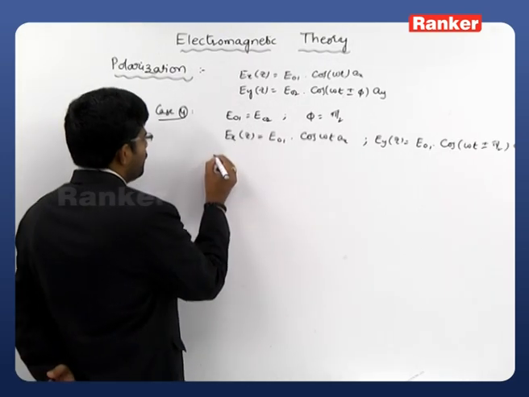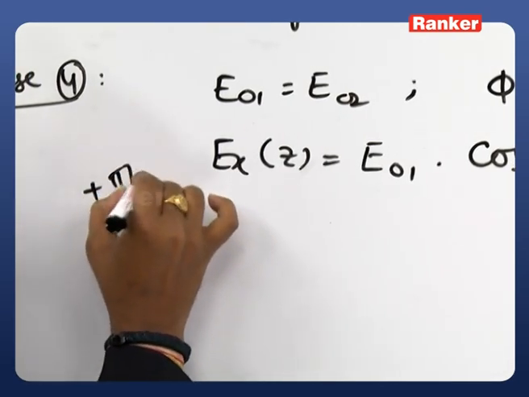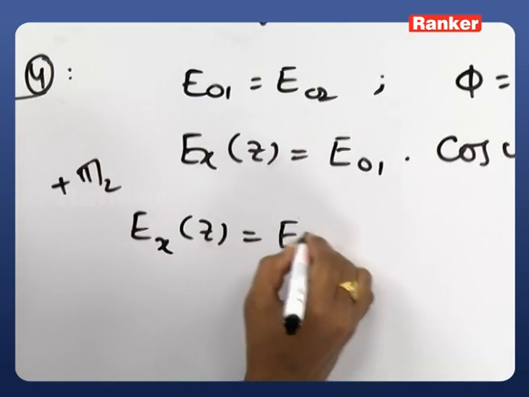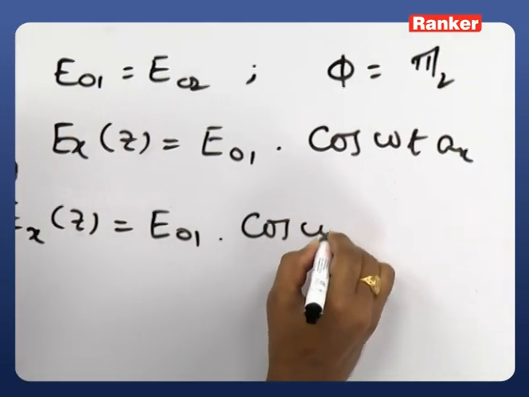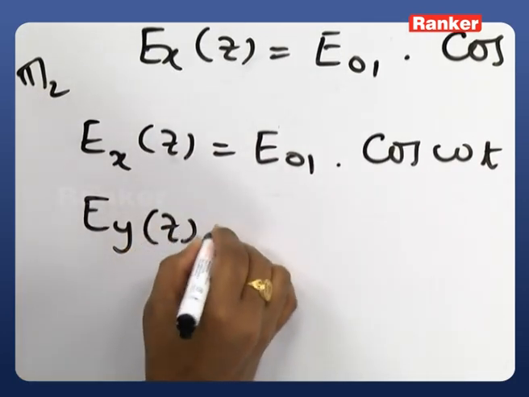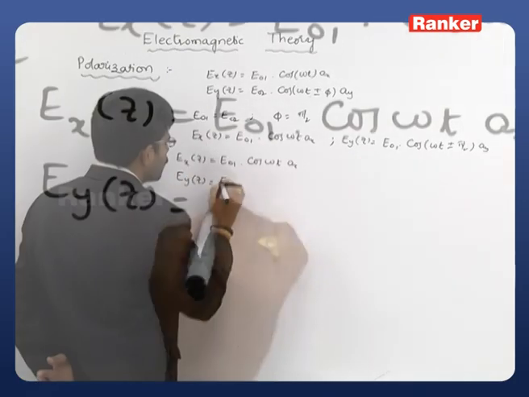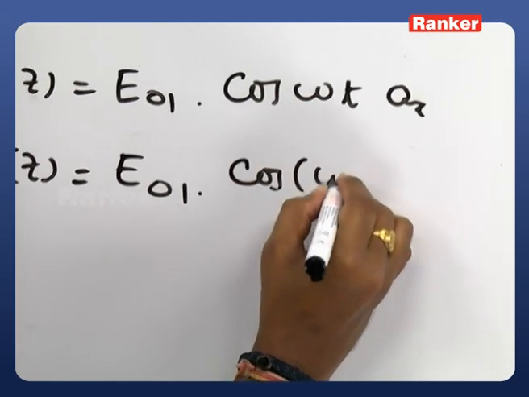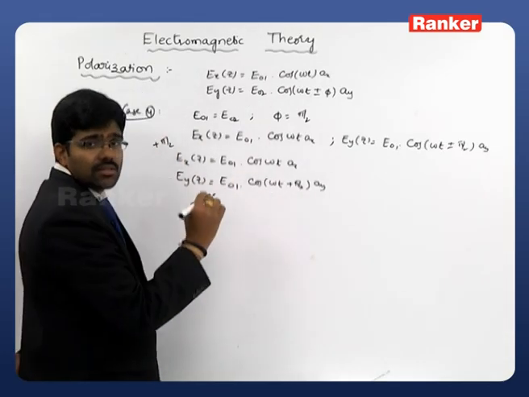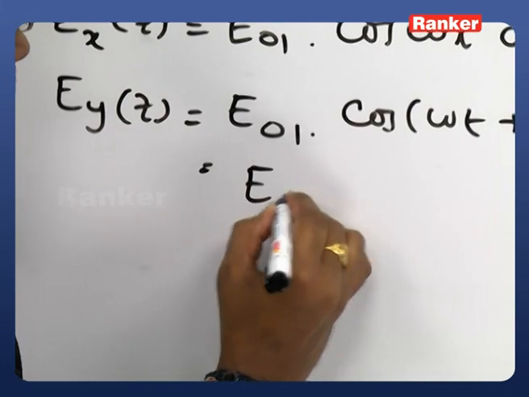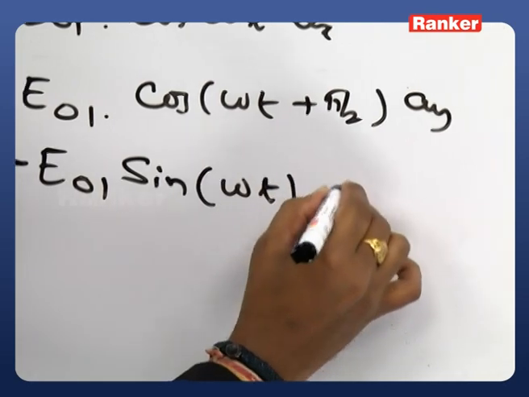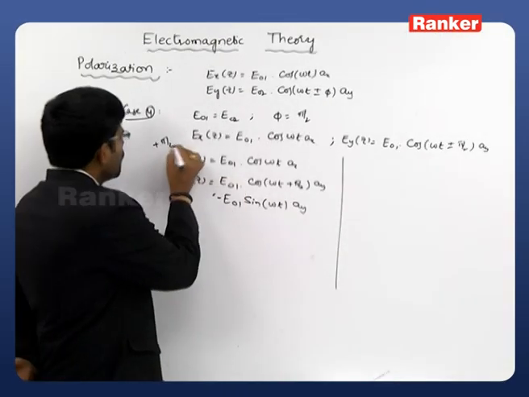Initially, at phi equal to plus pi by 2, Ex of z is equal to E naught 1 cos omega t Ax, and Ey of z is equal to E naught 1 cos omega t plus pi by 2 Ay. Cos omega t plus pi by 2 is minus sin omega t, right? So E naught 1, with a negative sign, sin omega t Ay. So this is for the plus pi by 2 case.